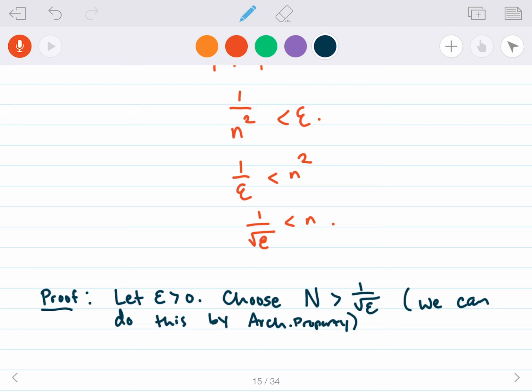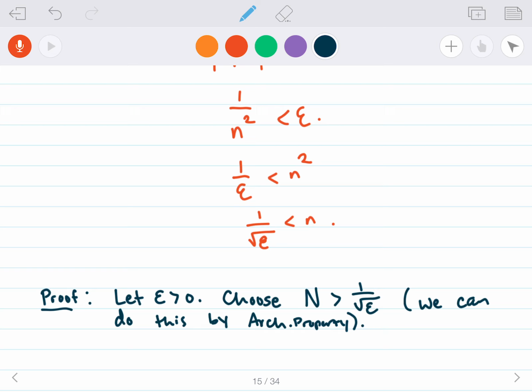Okay. So let me explain why I'm doing capital N is larger than and not equal to. In your book, I believe that Cummings says that capital N can be a real number and not just a natural number, but this isn't standard. In my definition, I'm requiring capital N to be a natural number so that we can use the Archimedean property. I haven't seen, I'm sure it exists, but I haven't seen in any other analysis textbook where they let capital N be a real number.